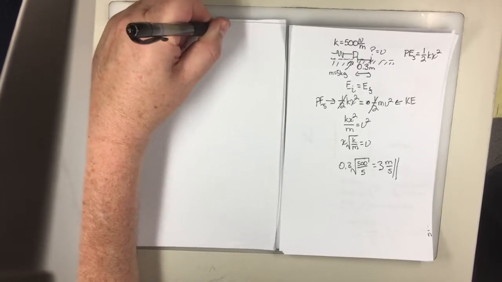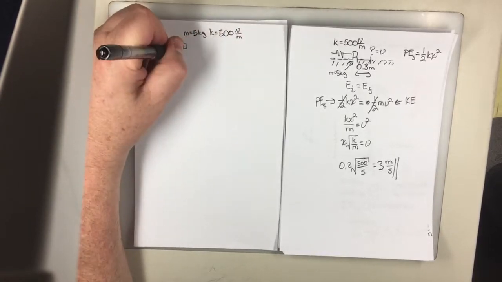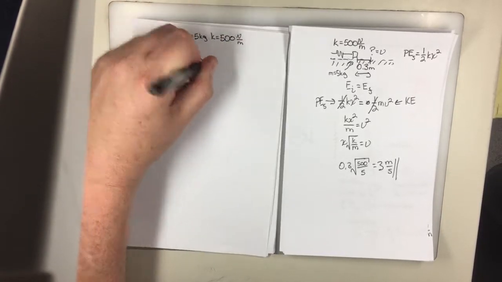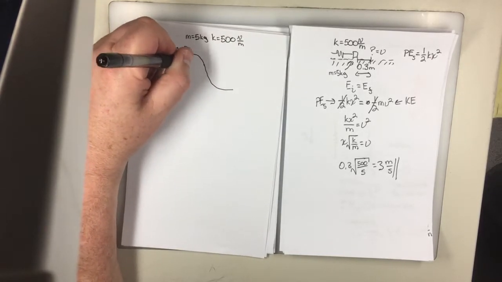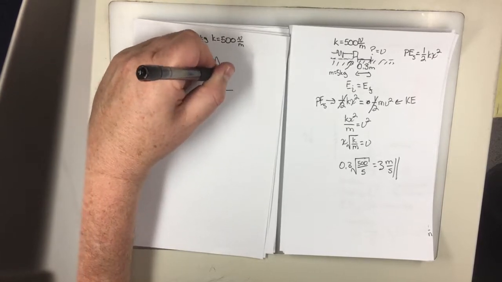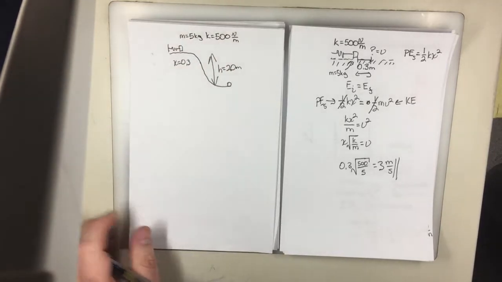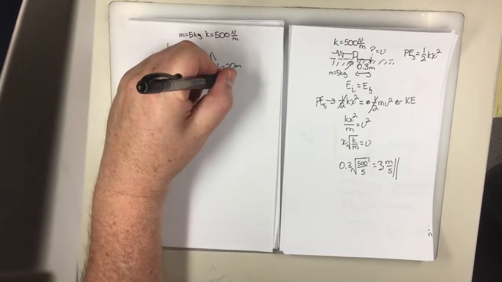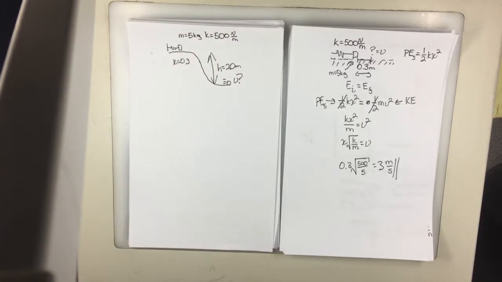The K is equal to 500 newtons per meter, and the compression distance, x, is 0.3. There is a hill. The height is 20 meters. And I want to know the velocity at the bottom of the hill. Major question, is there friction? No. Yay, no friction.